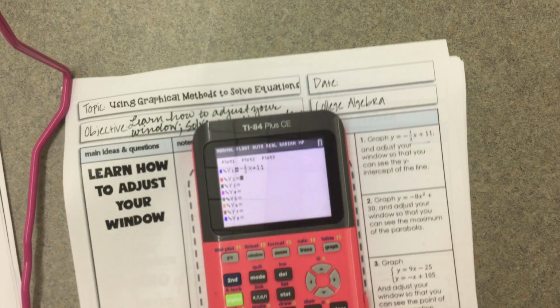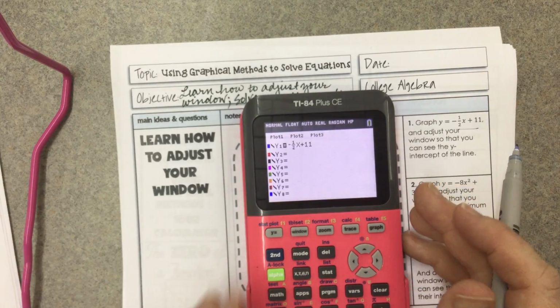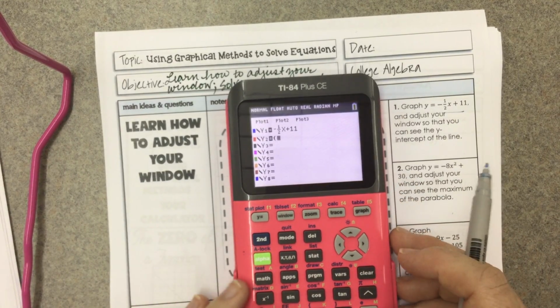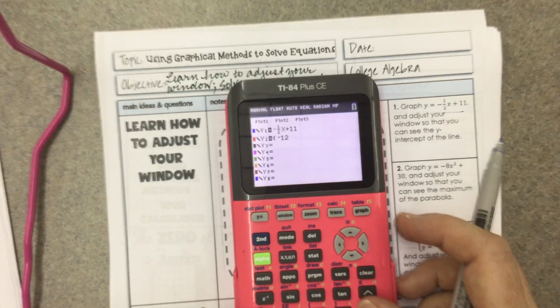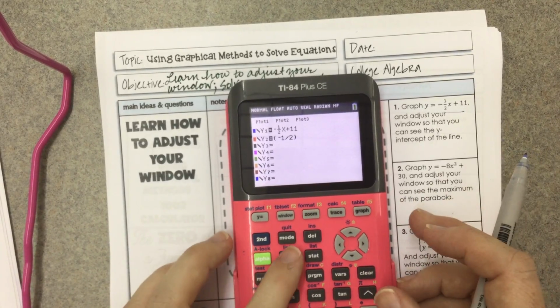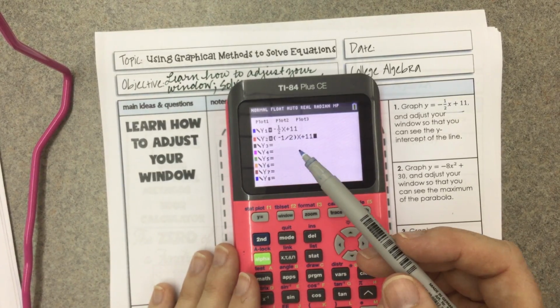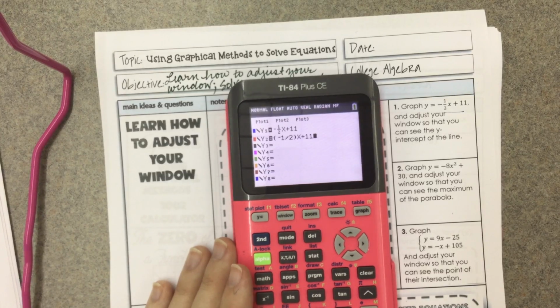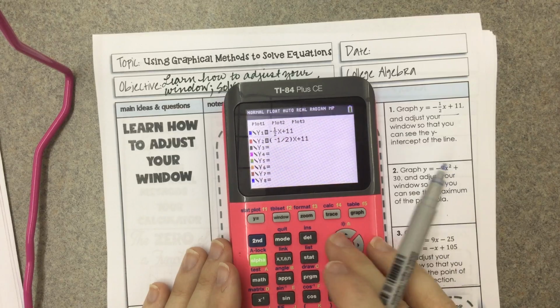If you do not have the function to make a fraction in your calculator, then you can do it by just doing open parentheses, negative 1 divided by 2, then close your parentheses, then x plus 11. And that will work the same. So just consider that your fraction is actually a division problem.